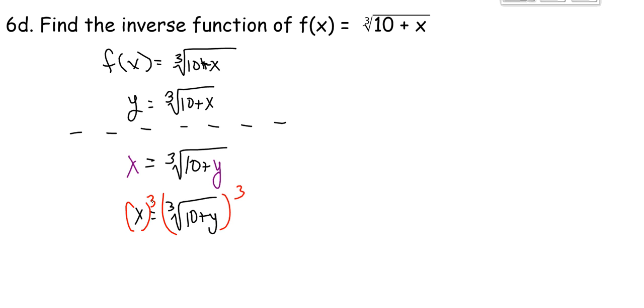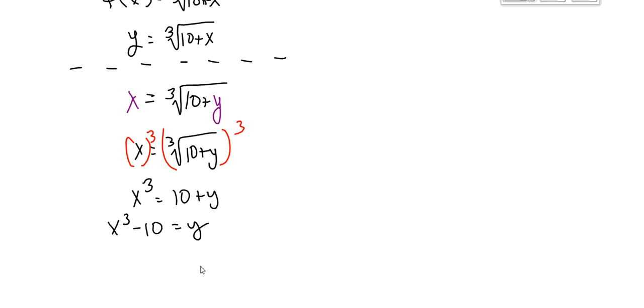Then that's going to give me x cubed equals, cubing and cube root cancel each other out, 10 plus y. I'm going to subtract 10, and x to the third minus 10 equals y. Then we change that into f inverse of x equals x to the third minus 10.